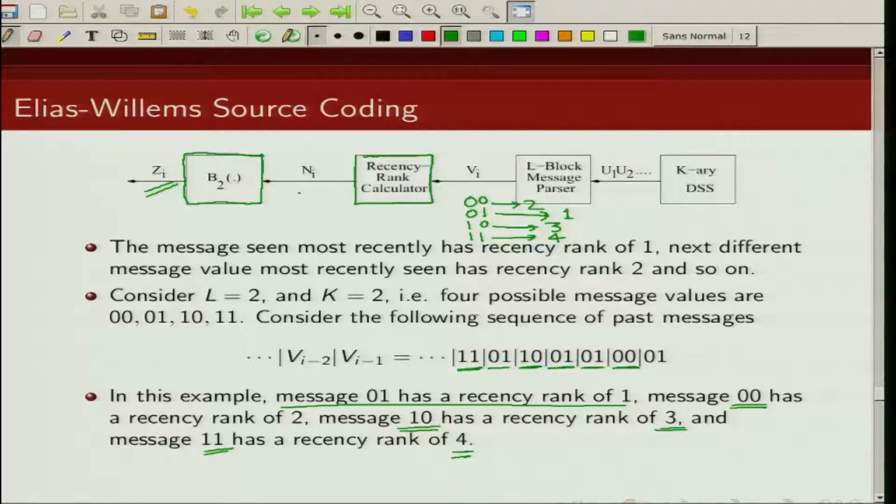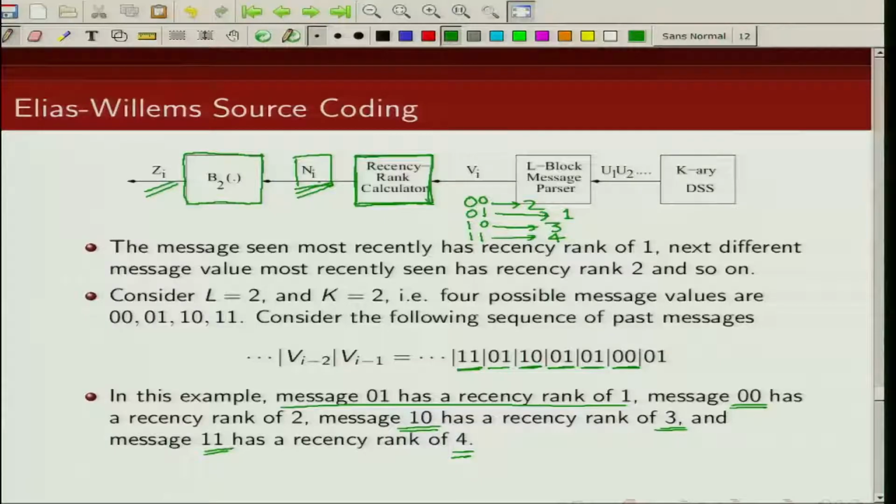And the memory of the source is exploited in this recency rank calculator. So what we are essentially assuming is the sequences that appeared in recent past are more likely to appear in the future, and that's why they have been given a smaller recency rank.